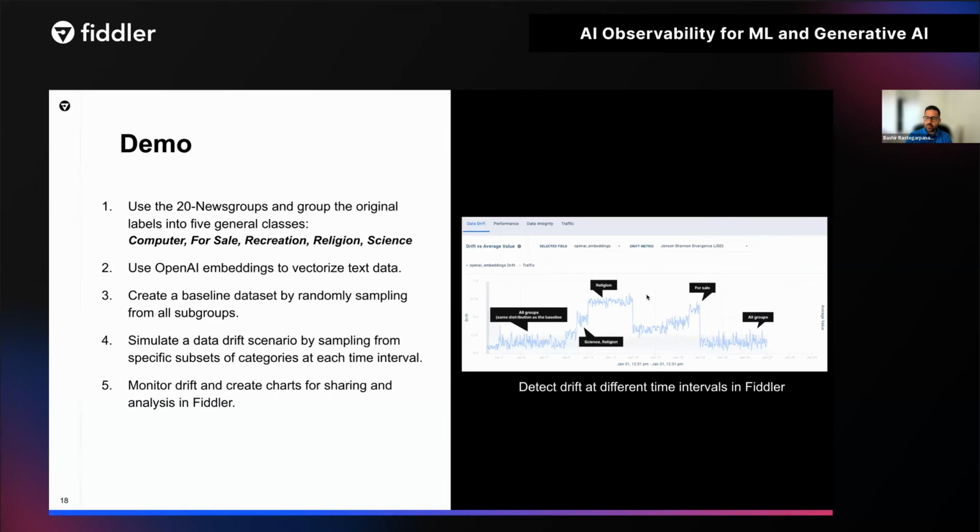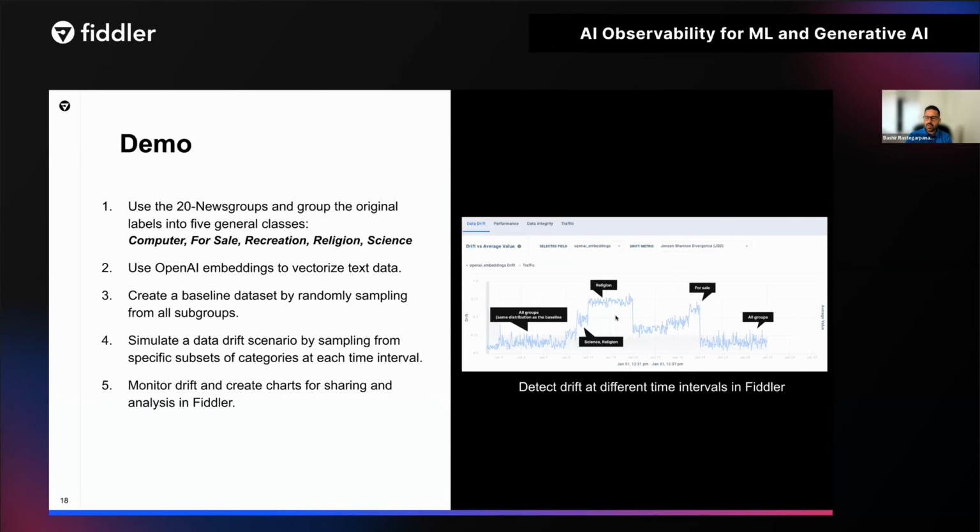Here you see the production events over a period of 3 weeks. The blue curve shows the drift value computed for this custom feature that we have defined.